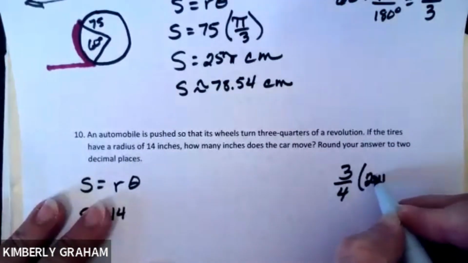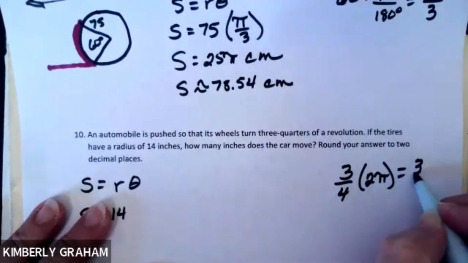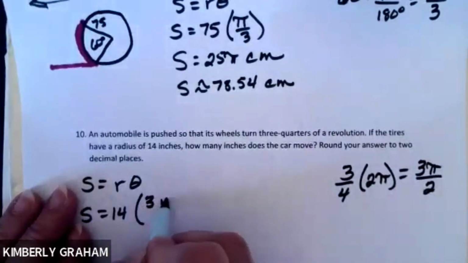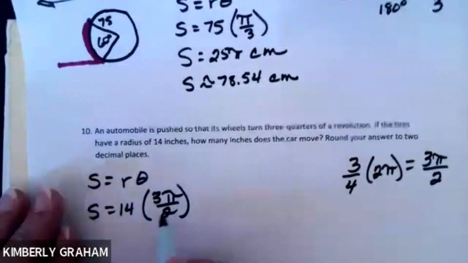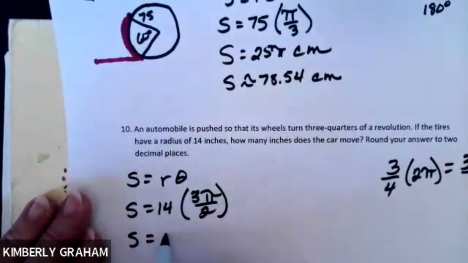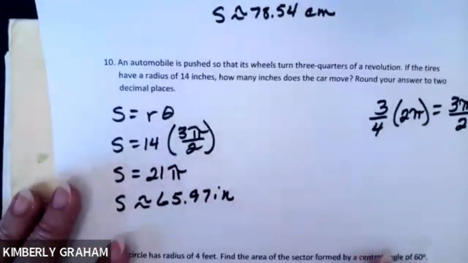So 3/4 of 2 pi is 3 pi over 2. So now that I have my angle measure, I can multiply this out and get 21 pi, which is approximately 65.97 inches.